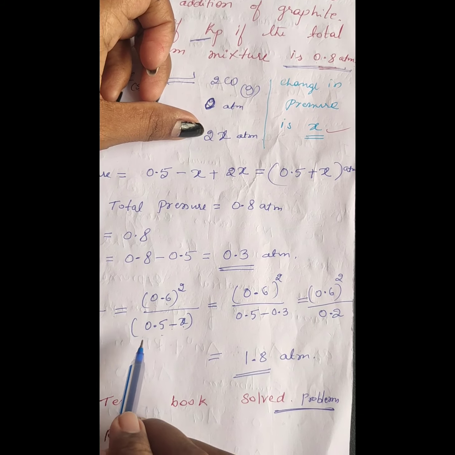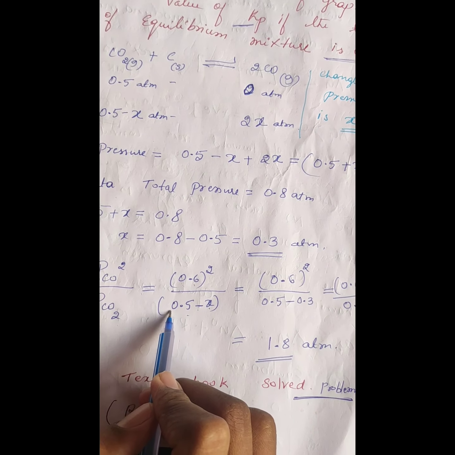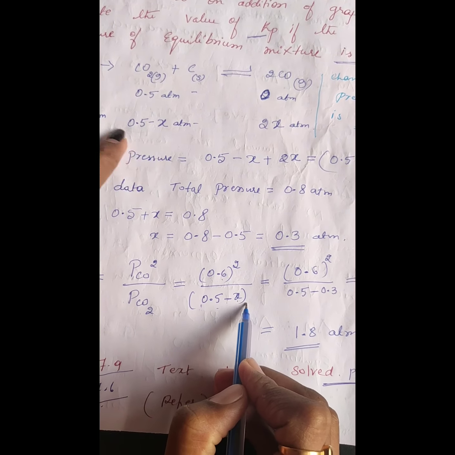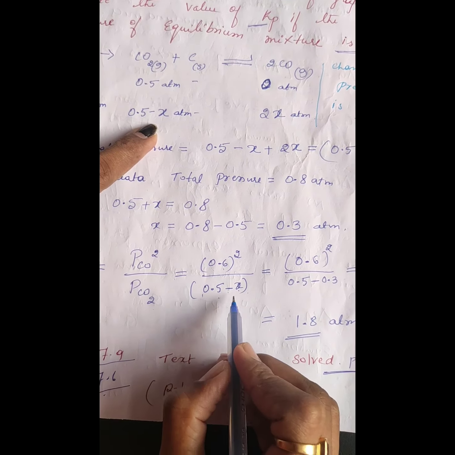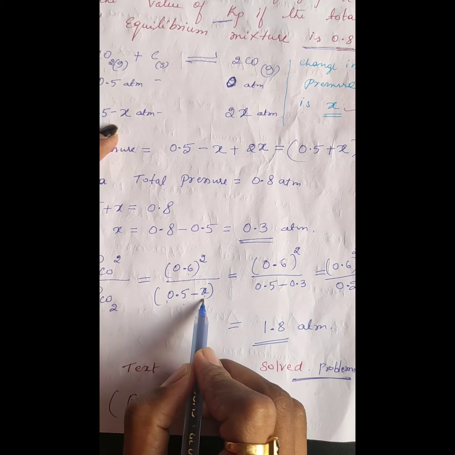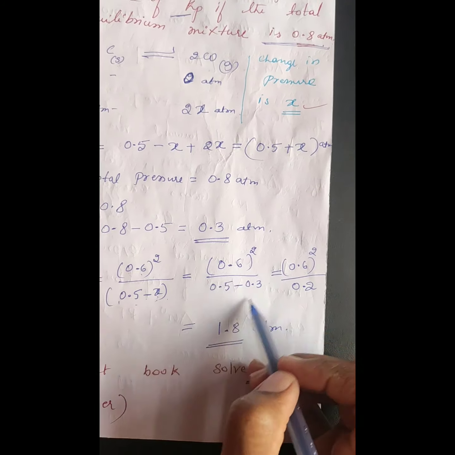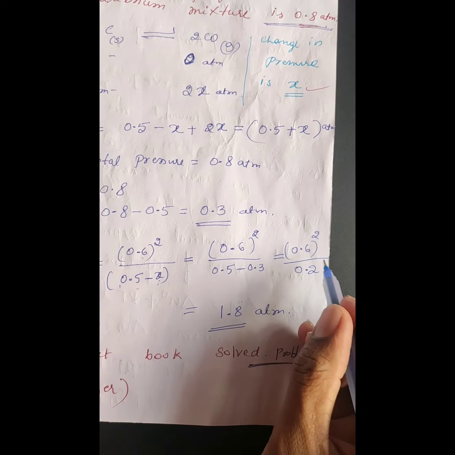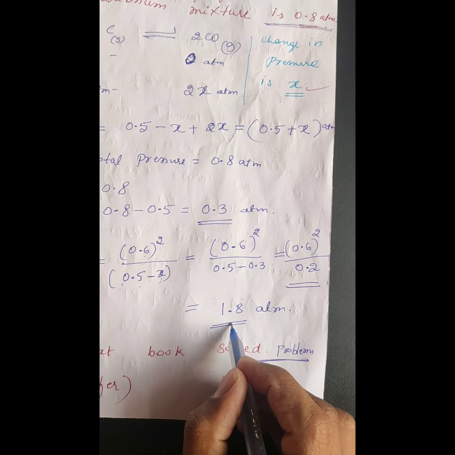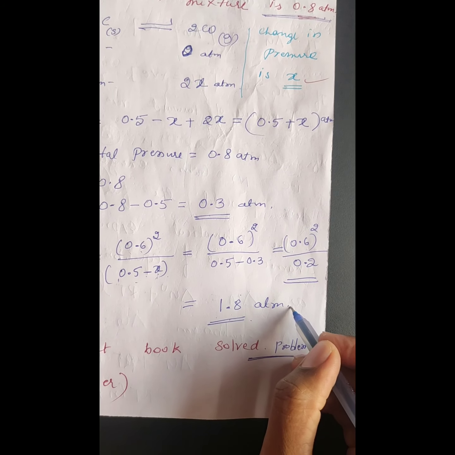Its power is taken, and again 0.5 minus x, that is from the chart as I mentioned earlier. Substitute the value of x, that is 0.3. So rearrange and simplify, you will finally get 1.8 atmosphere.